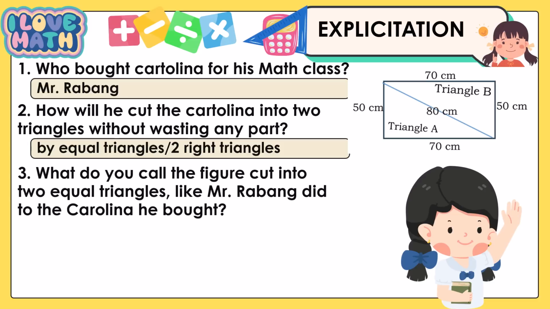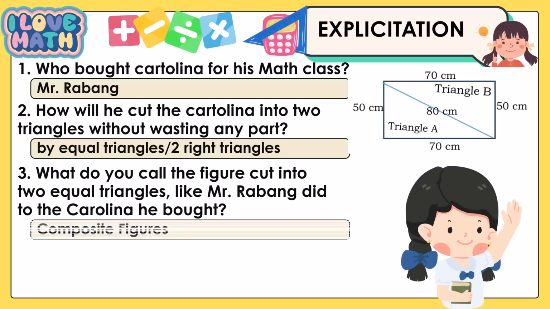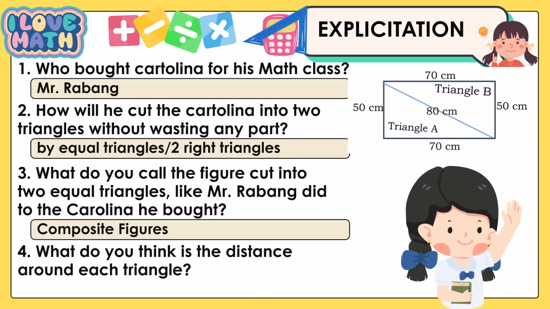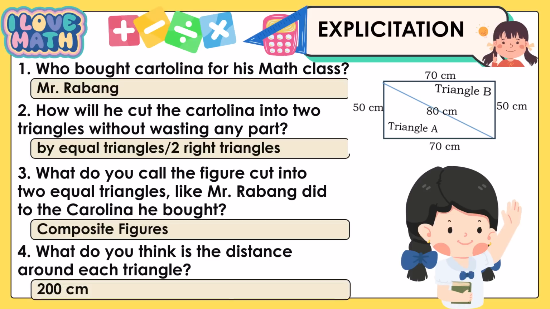Number 3, what do you call the figure cut into two equal triangles like Mr. Rabang did to the cartolina he bought? The answer, composite figures. Number 4, what do you think is the distance around each triangle? The answer, 200 centimeters.